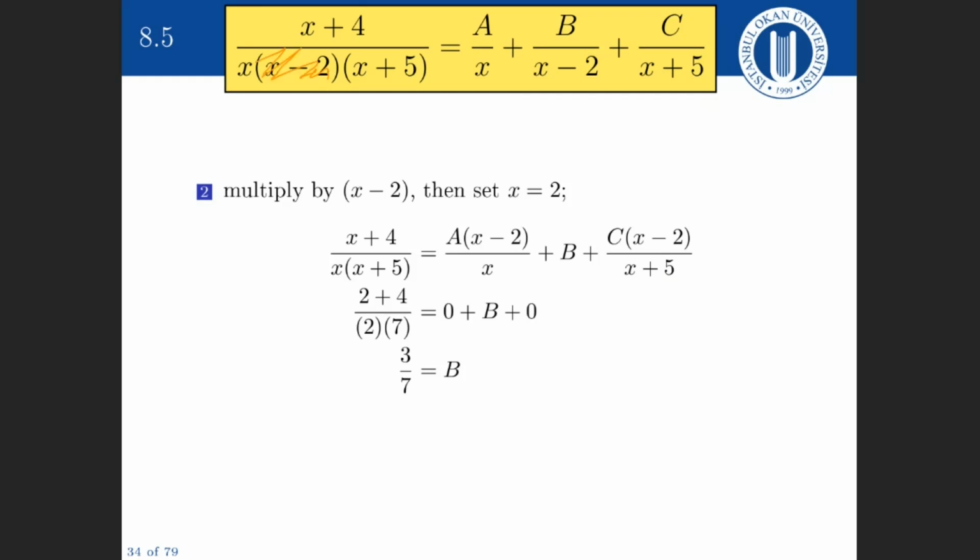So this one will disappear, this one will disappear, we'll get x minus 2 multiplied by a, and we'll get x minus 2 multiplied by c. Replace x by 2. This is 0, this is 0. The right-hand side is just 0 plus b plus 0. And then on the left side, replace x by 2. 2 plus 4 divided by 2 multiplied by 7. Or 3 over 7.